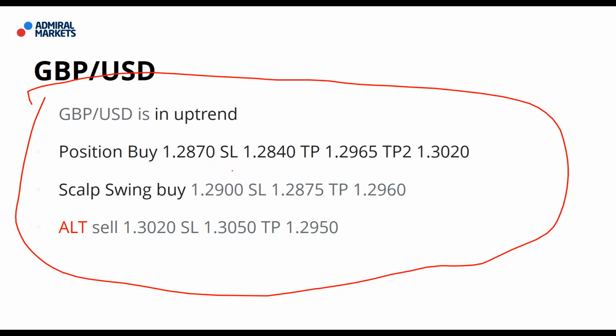Try to get in the market, but go with 0.5% risk instead of 1 or 1.5%. You always want to be on the safe side of the market. You don't want to be caught in something that you cannot handle. So if you want to trade this, be careful because of Theresa May's speech.